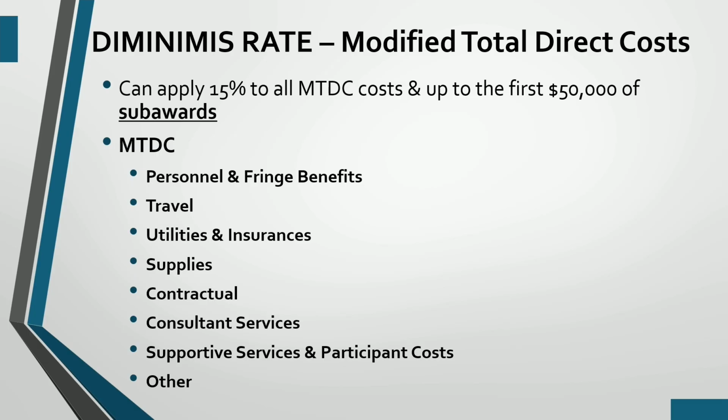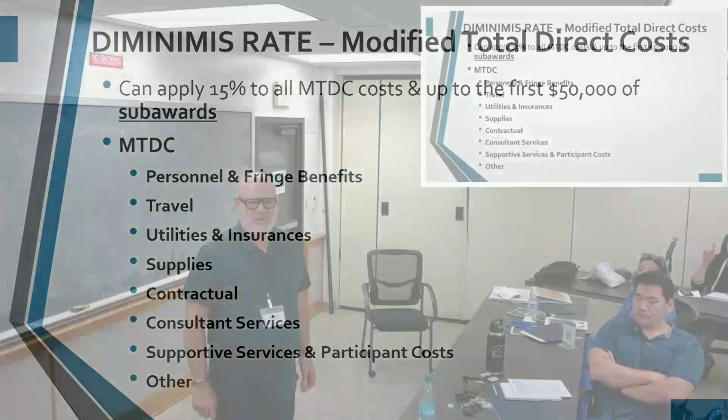Those are sub-recipient awards, not contracts, not subcontracts, sub-recipient awards, right? It's 15% of total fringe benefits, travel, utilities, insurance, supplies, contractual, consultant services, supportive services, forget participant costs, that's a mistake, and other category. You get 15% of that, right?